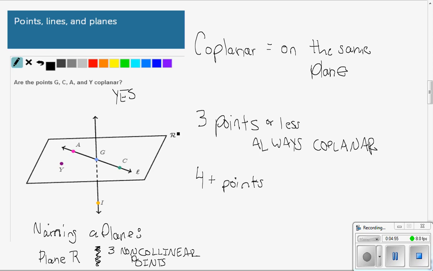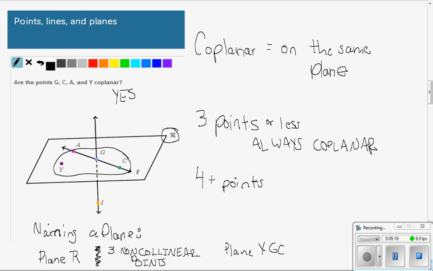So if we want to name this plane, plane R, we want to give it a different name, we would pick 3 points on it that are not themselves collinear. So we could pick Y, G, and C. So we could call this plane Y, G, C. Any order of those 3 letters would be fine.